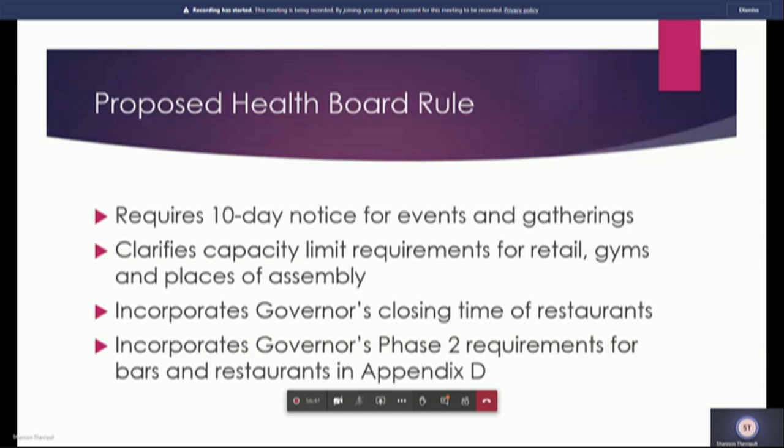And Appendix A is that the event has to be highly structured. You have to have a way to keep sick people out, workers and participants. You have to have an enhanced cleaning and sanitization plan. You have to have a way for people to identify what close contacts they might have from that event.